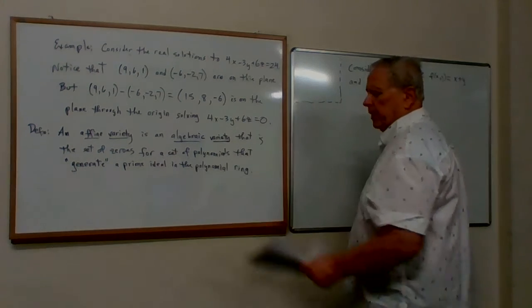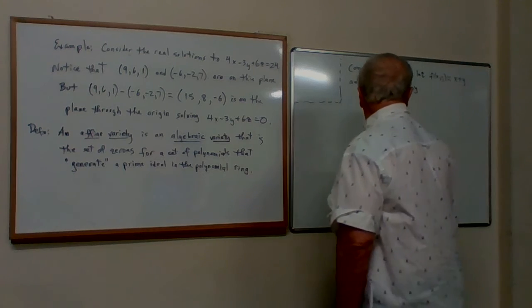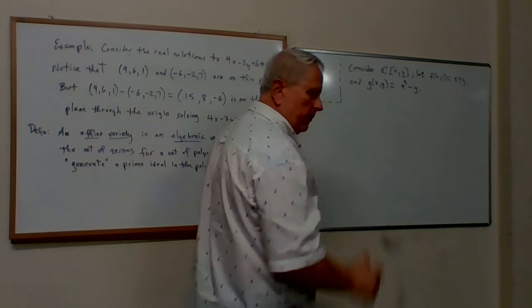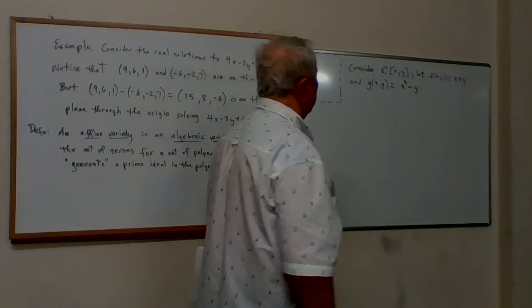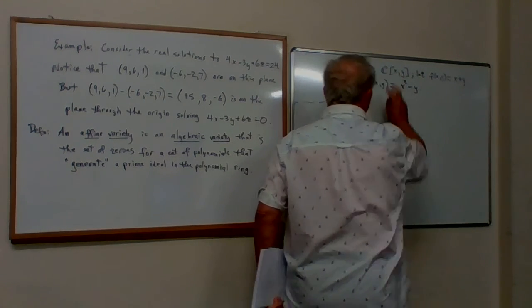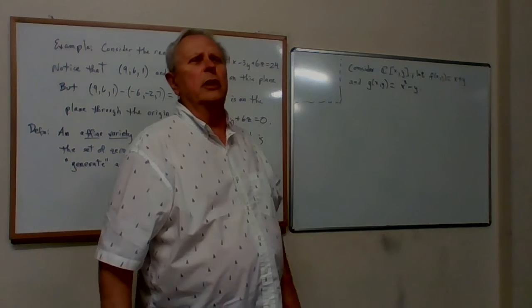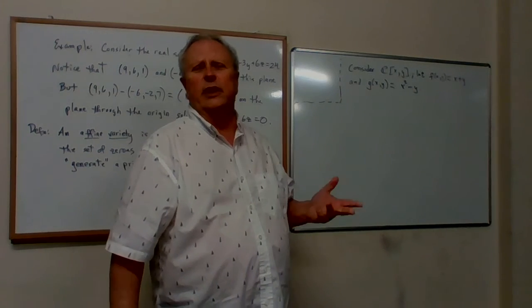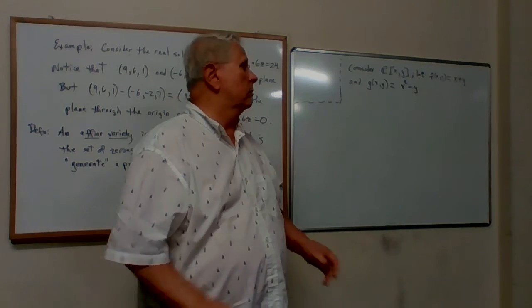It's all the negative of the polynomial that we were looking at, the variety of before. Okay, now, ideals in C of xy can be generated by any number of polynomials.